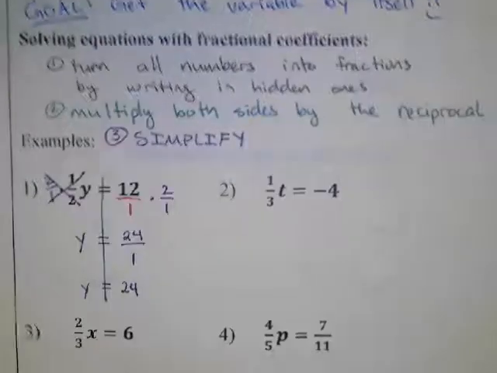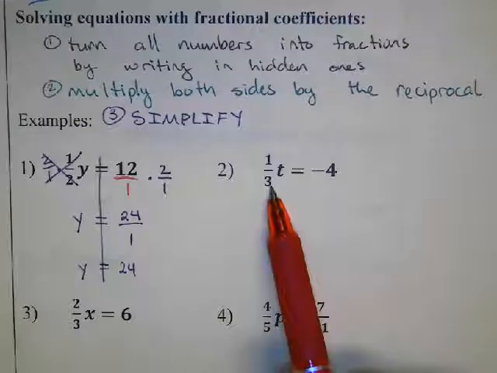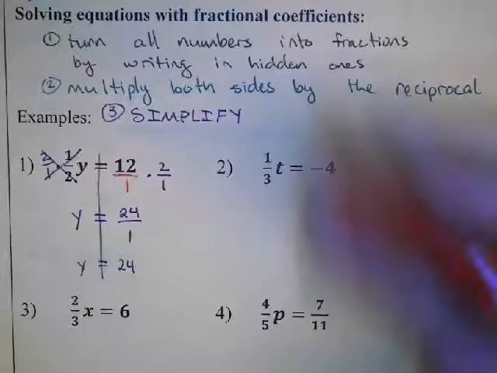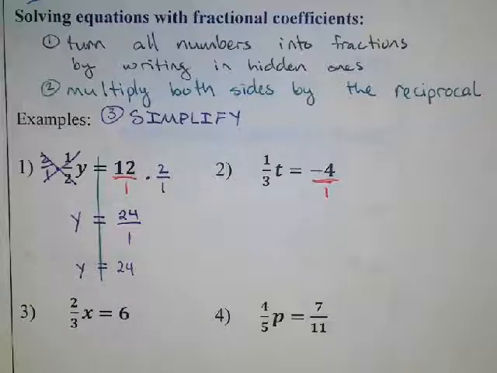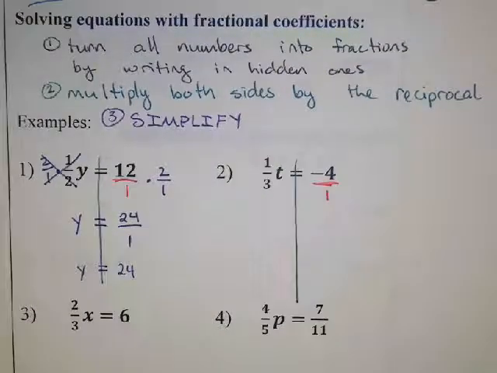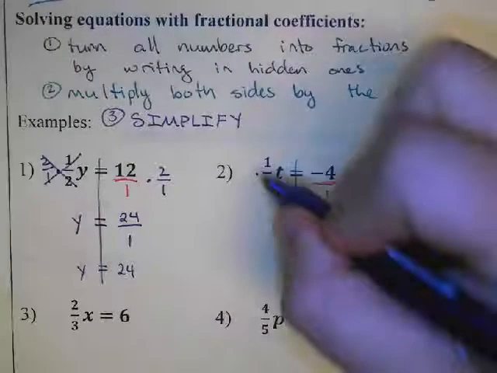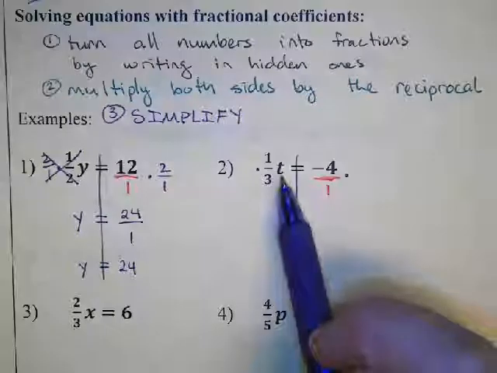Okay, let's try it again on number 2. First thing we'll do is turn all our numbers into fractions. 1/3, already a fraction. T, that's a variable, equals -4. We're going to turn that one into a fraction, putting in our hidden 1. Draw our line down the middle. And now we're ready to multiply both sides by the reciprocal. Again, my focus is on this left-hand side because that's where my variable is.